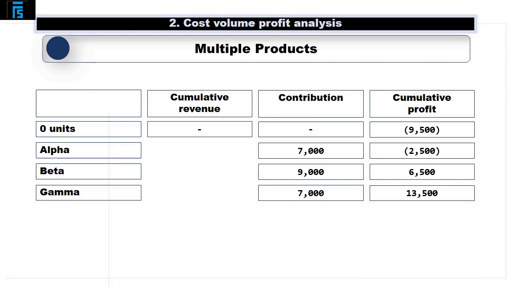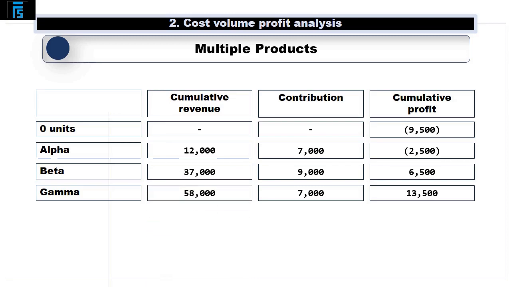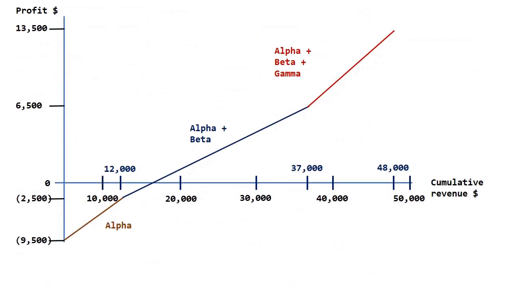We also need to know the cumulative revenue generated with each product. So selling alphas generates $12,000 of revenue, adding on the revenue from betas gives us $37,000 in total, and adding on gammas gives us $58,000 in total.